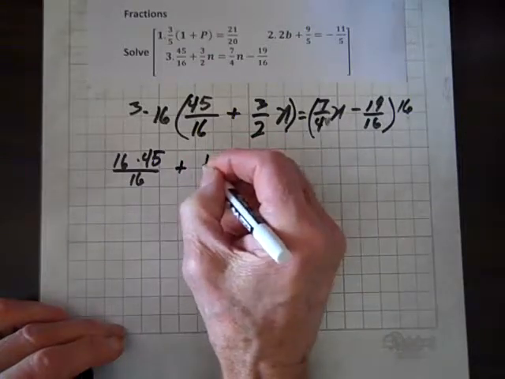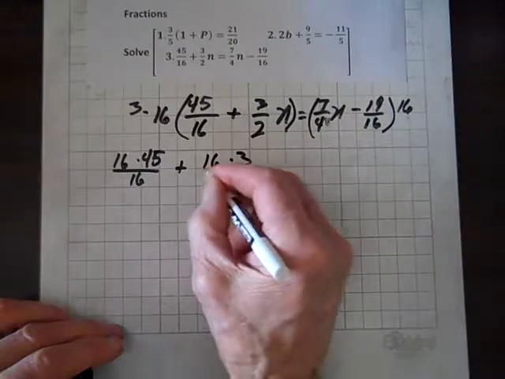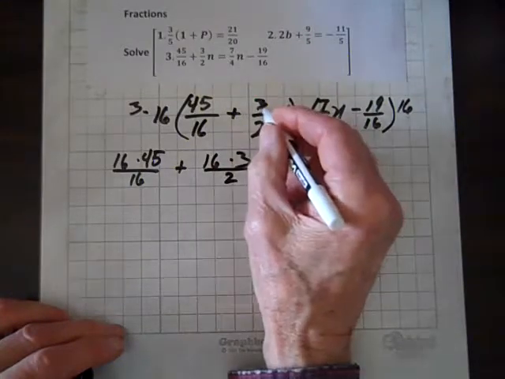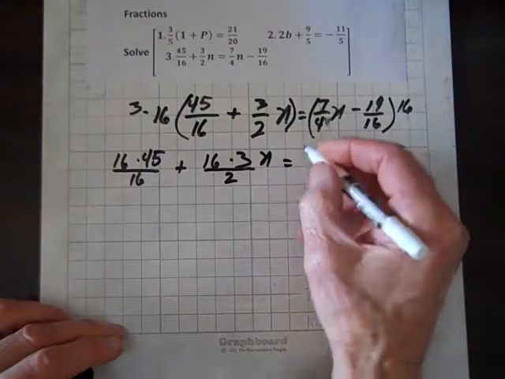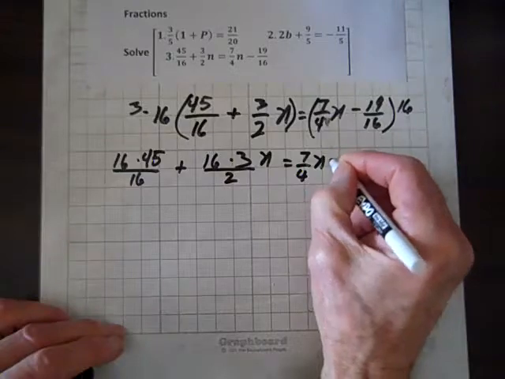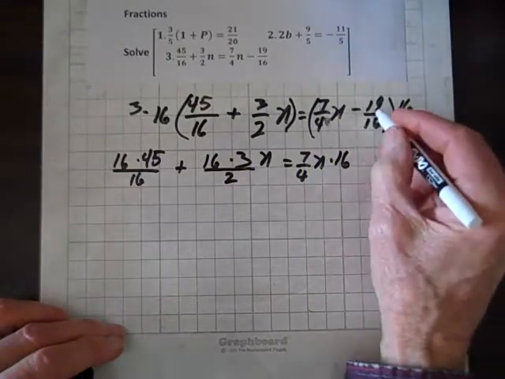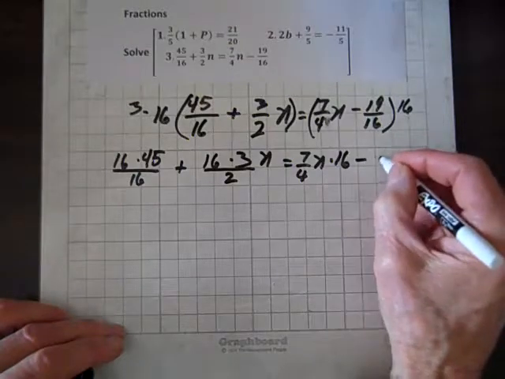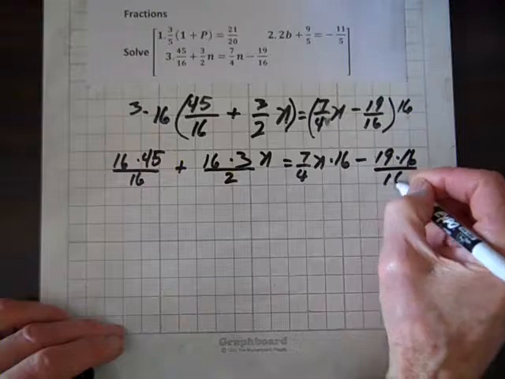Plus 16 times 3 over 2 n, multiplying this term by 16. Equals 7 over 4 n times 16, and multiplying finally this term by 16, 19 times 16 over 16.